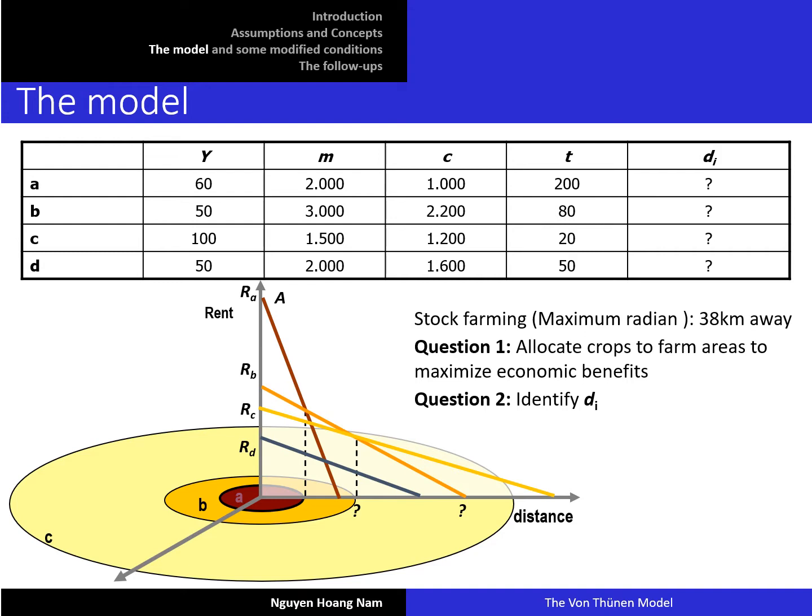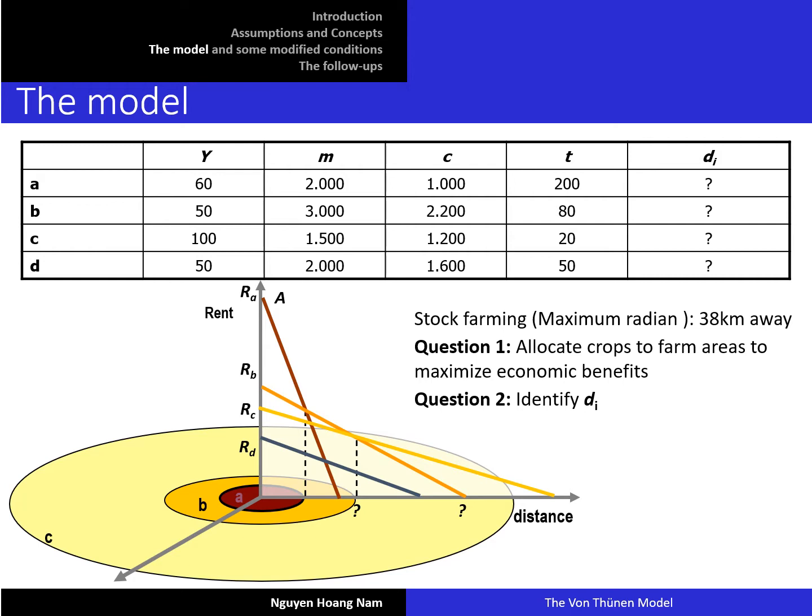So question 1 asks us to allocate crops, which means we make an order of the crops to maximize economic benefit. Accordingly, we need to find the highest transport cost product to put closest to the city center or the market. That would be crop A, transport cost per unit 200.